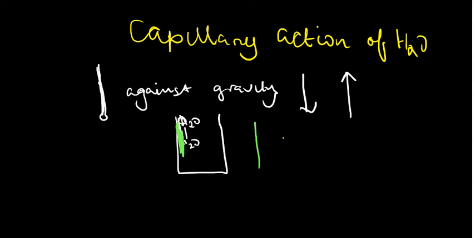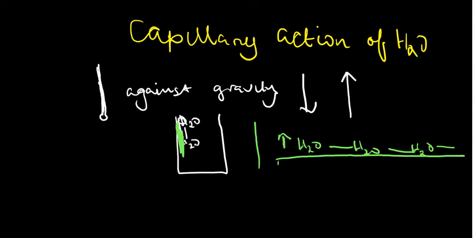So when one water molecule is going up, it will pull another water molecule, and that water molecule will pull another water molecule connected to it. So it will be a long chain, okay? And because these water molecules are attracted to the surface, they'll move in one accord. So they'll move together. Hence, this water will start moving upward.